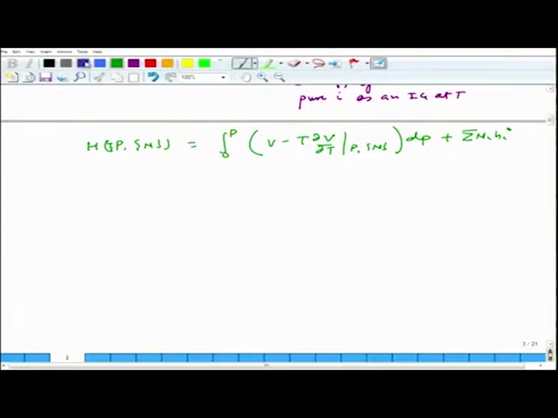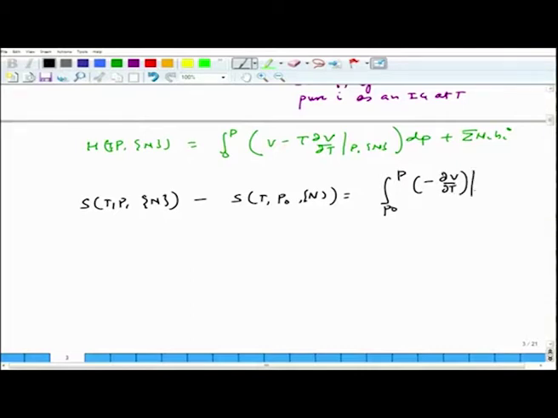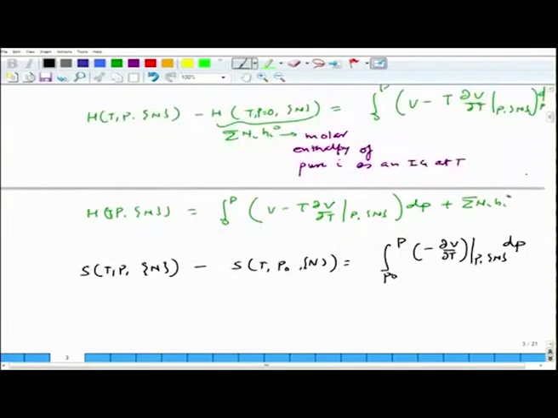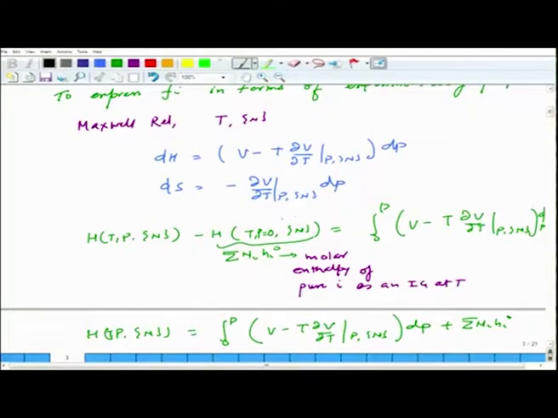If we integrate this second expression which we have written based on the Maxwell relation, we get S at T, P and N minus S at T, P0, where P0 could be close to 0, from P0 to P of minus del V by del T at constant pressure and constant N, dP. Note that this is simply the integration of this expression.